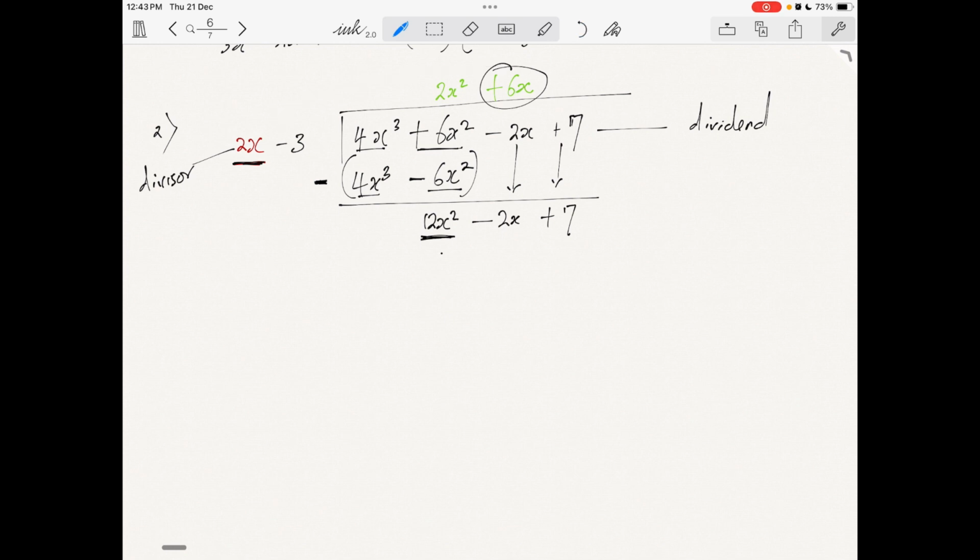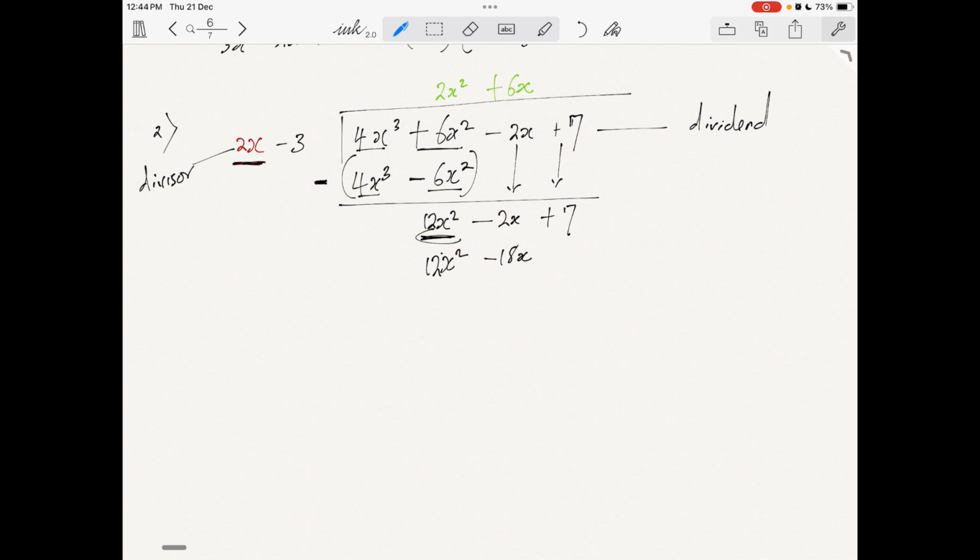In that case we'll have 6x multiplied by 2x, that will give me 12x squared, and 6x multiplied by minus 3, that will give me minus 18x.